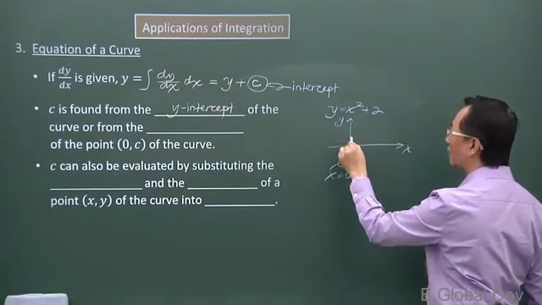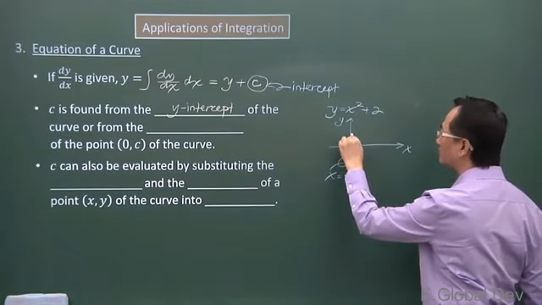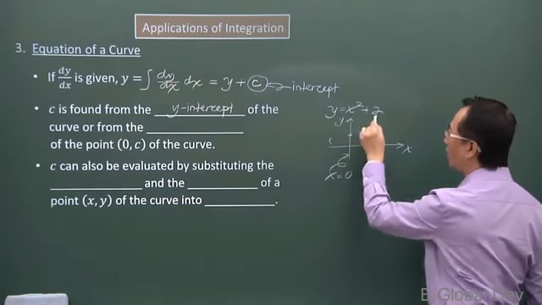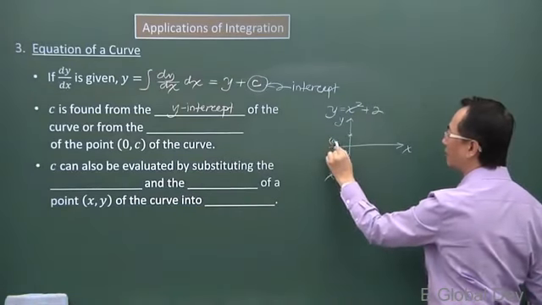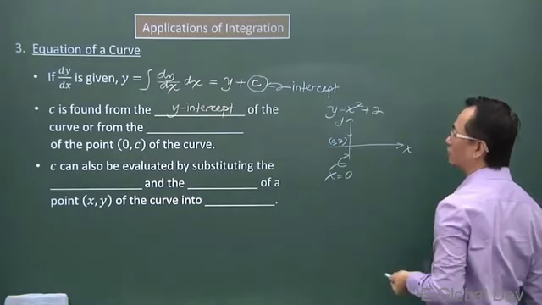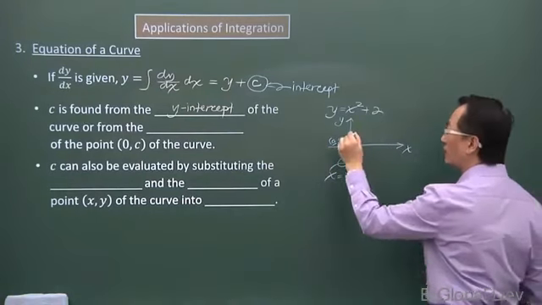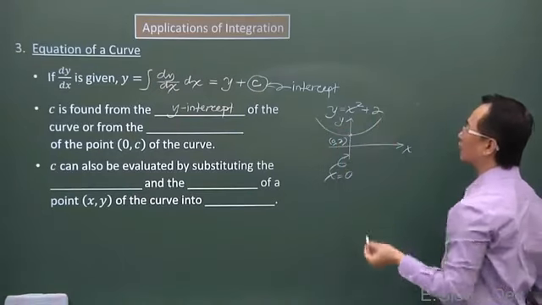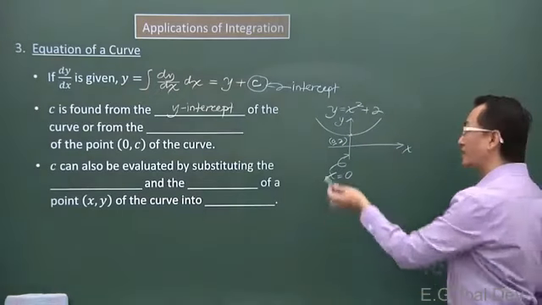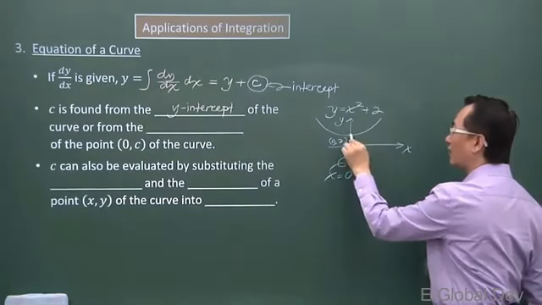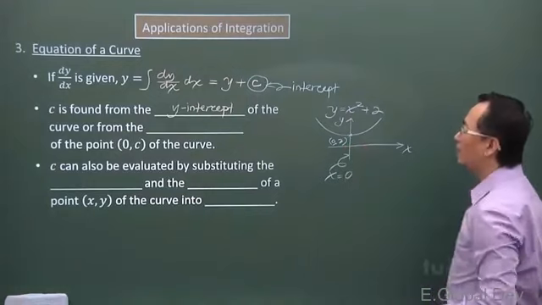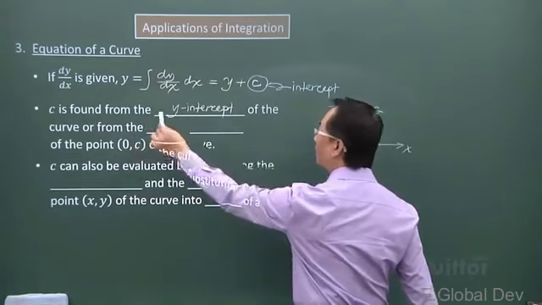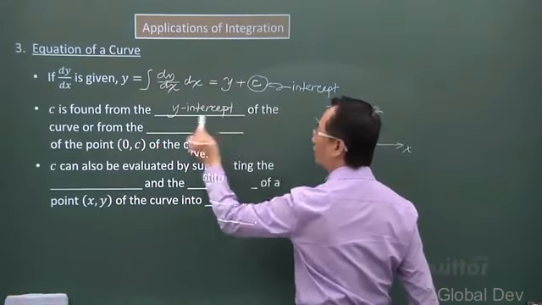What it means is the curve will have to cut through here, at this point where x is 0 and the y value is 2. And for your information, the curve looks like this. It's a quadratic graph. You can see the curve cut through this point. So for this, c is found from the y-intercept of the curve.